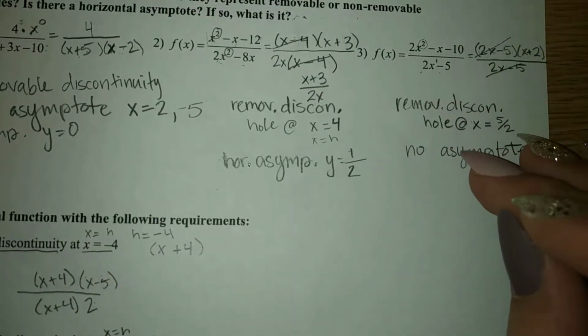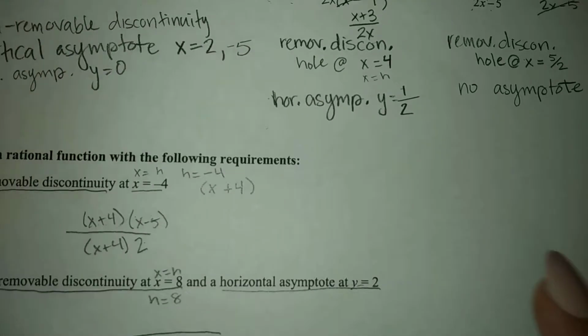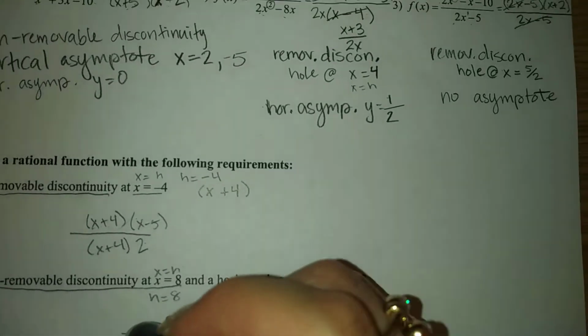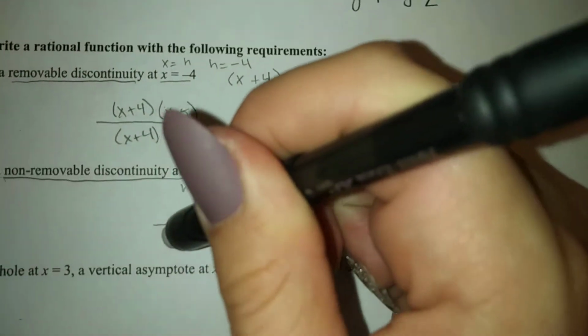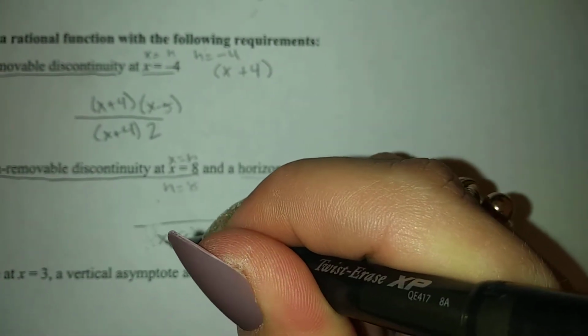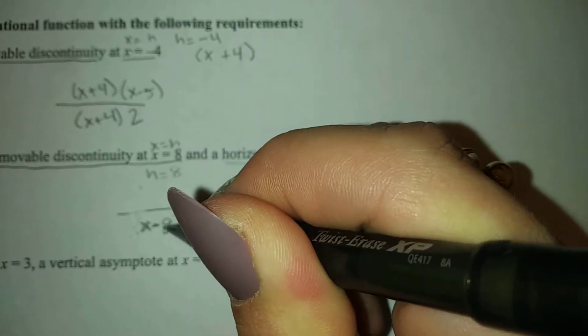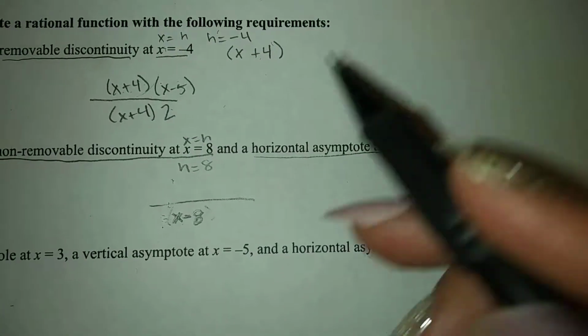So I'm going to keep x minus 8. If it's just by itself on the bottom, it doesn't really matter if it has parentheses or not.